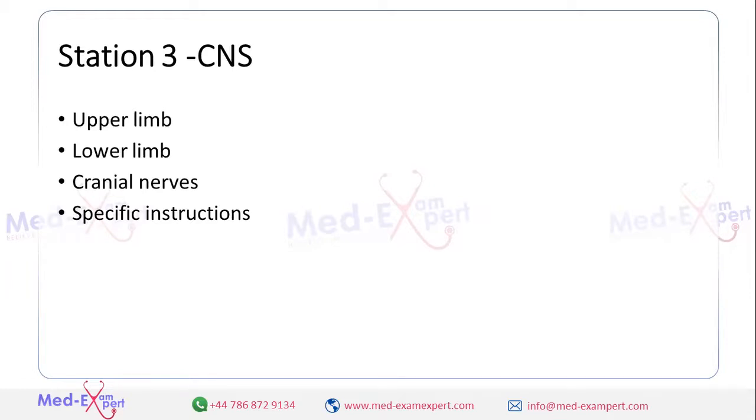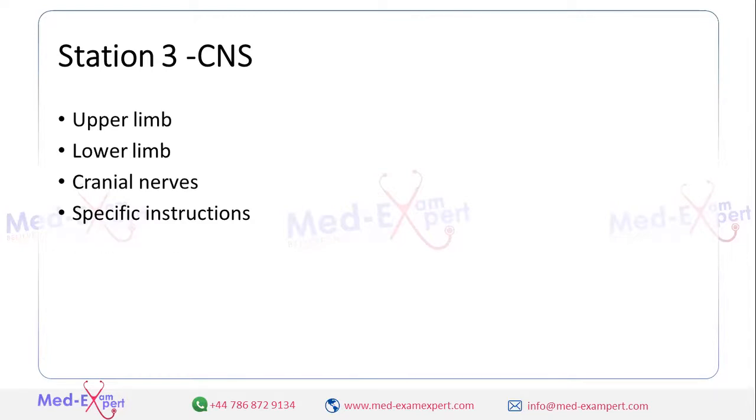Be gentle. If the patient has severe pain, you do not need to demonstrate that particular step. If they feel pain, do not move that limb. By causing pain, you will lose marks in patient welfare. If the patient is not comfortable with one of the steps, do not do that test, and move on to the subsequent examination steps.